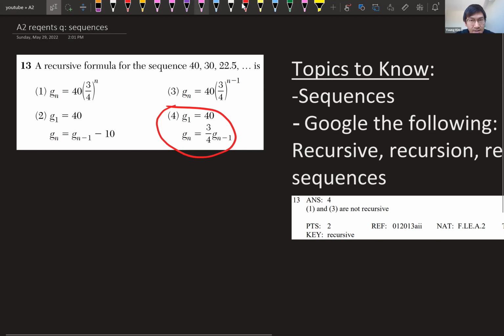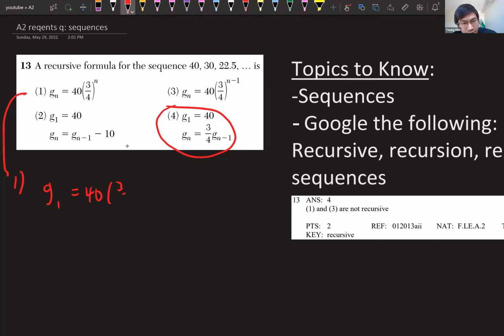This equation helps you generate the nth term of the sequence. For number 1, this is like saying the first term of the sequence is equal to 40 times 3/4 to the first. So this is just going to be 3/4 of this value, which is 30. If you check it like this, the first term's not even 30, so this can't be it. That's another reasoning to eliminate this.